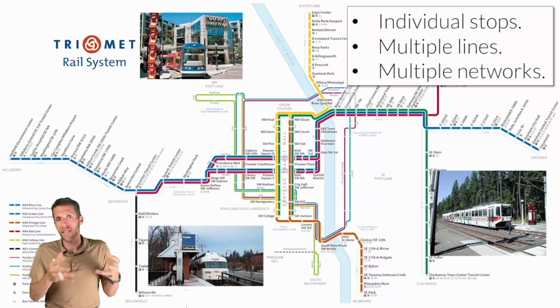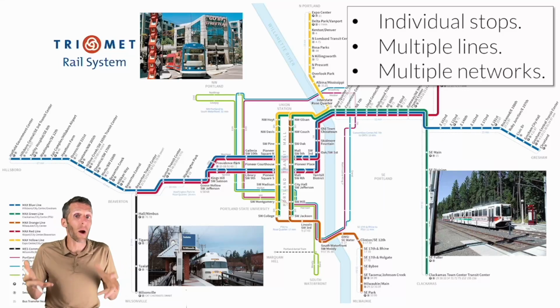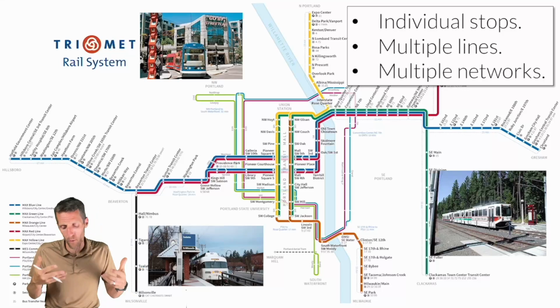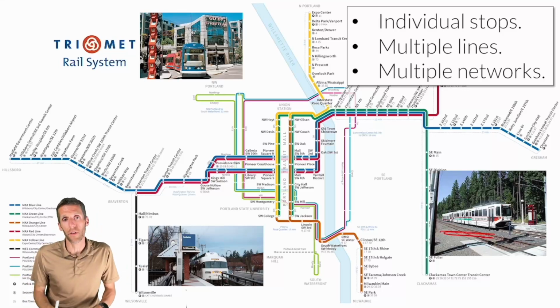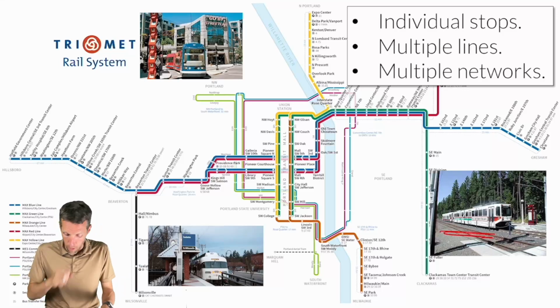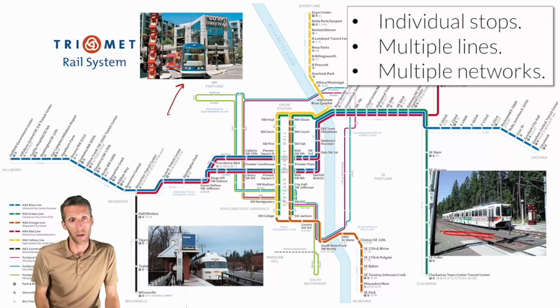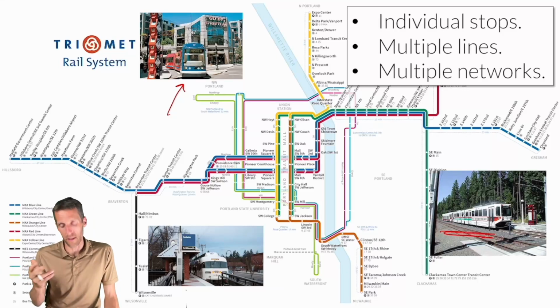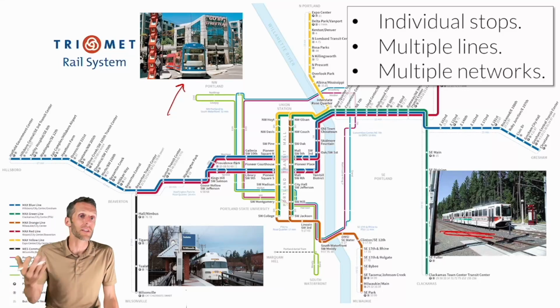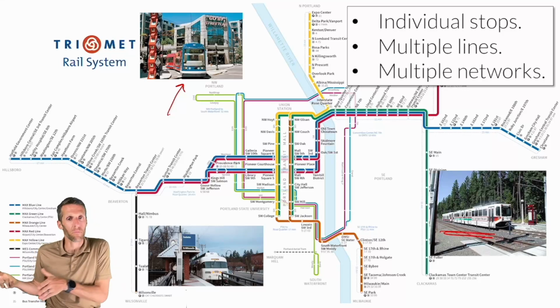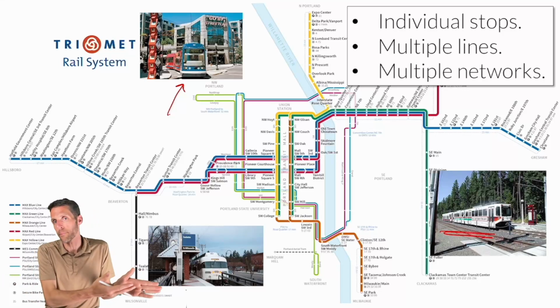And finally, in systems like this, there are almost always different networks that are connected, but only loosely. So for example, in Portland, you can take the light rail around, and you can get off of the light rail and then get onto the streetcar, but they're not directly connected to each other, right? The light rail and the streetcar are different networks that touch, but you can't take a light rail train onto the street.